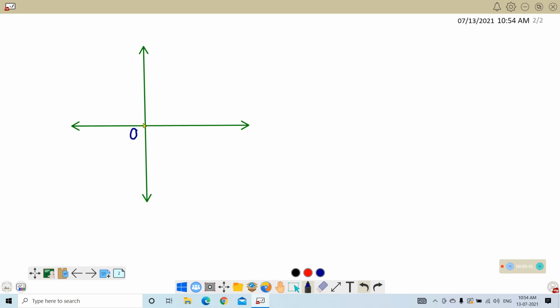So this point is the origin, this is the x-axis, and this is the y-axis. Now, suppose there is a line joining two points. We have to draw a line.